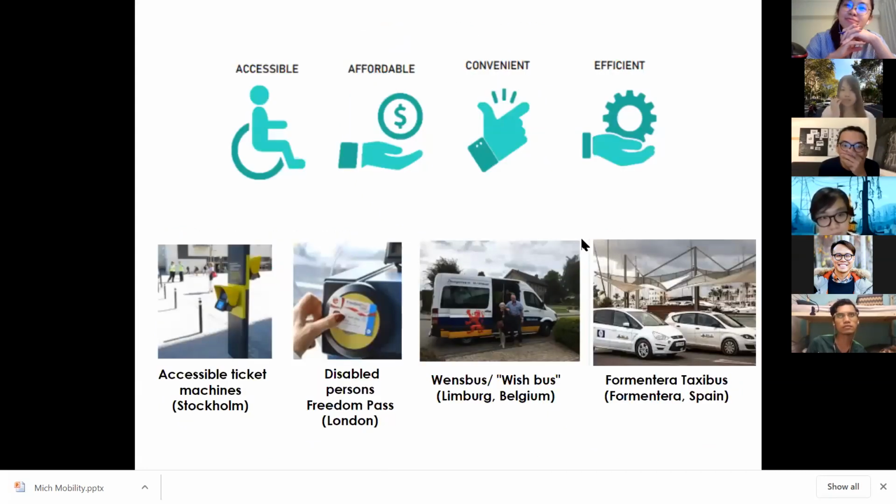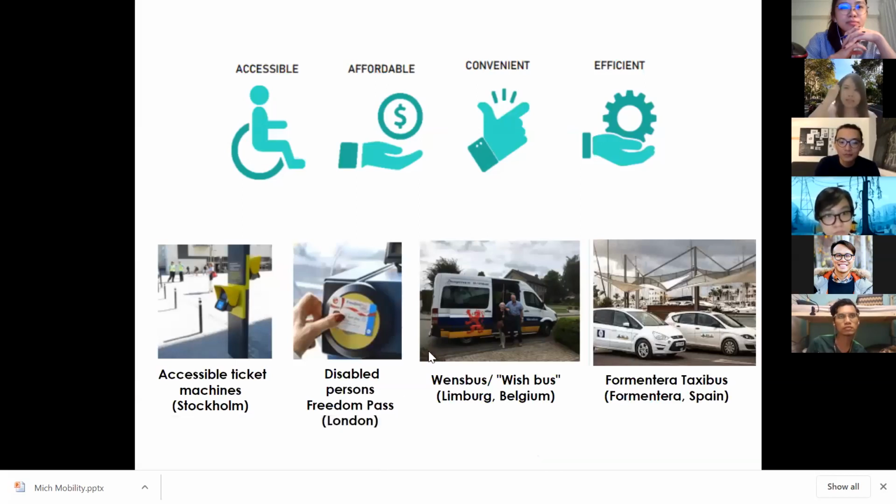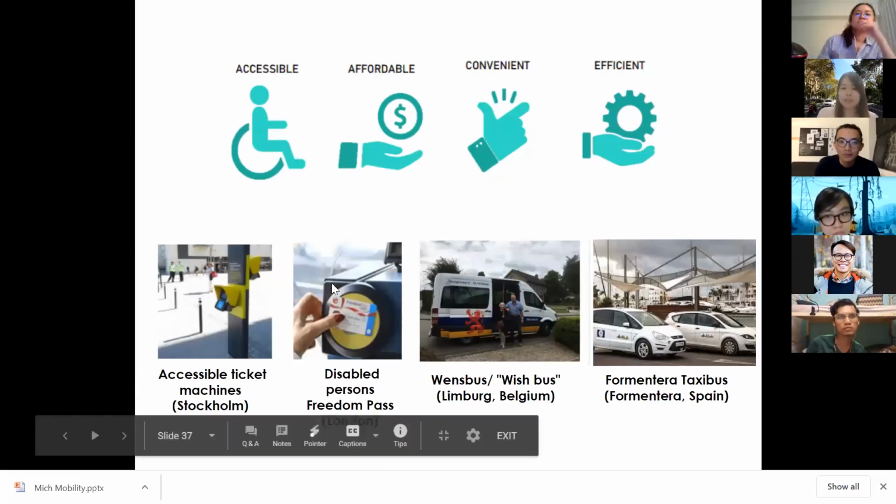So I also chose some interesting case studies related to all 8 principles. So for example, this disabled person's freedom pass in London, so they can travel freely all year round in London if they have this pass.